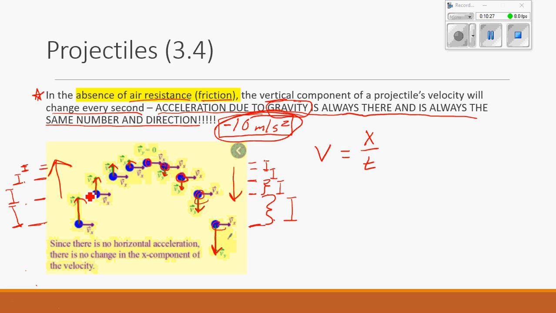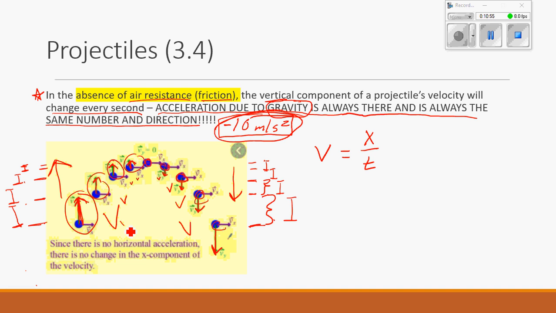So look at these arrows here. If you remember anything about vectors, hopefully you remember that size matters, because the size of the arrow indicates the size of the number. So you can see velocity is getting smaller and smaller as you go up, and then larger and larger as you go down.